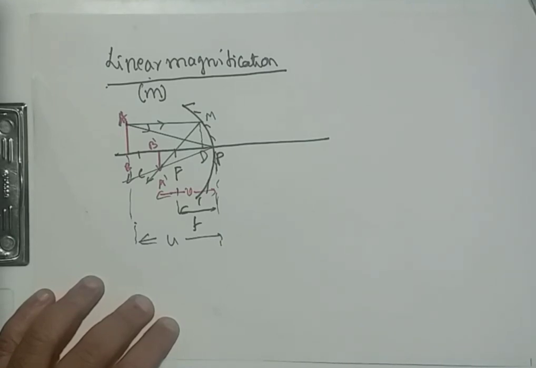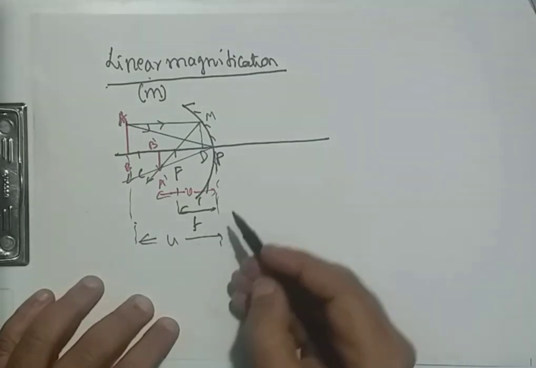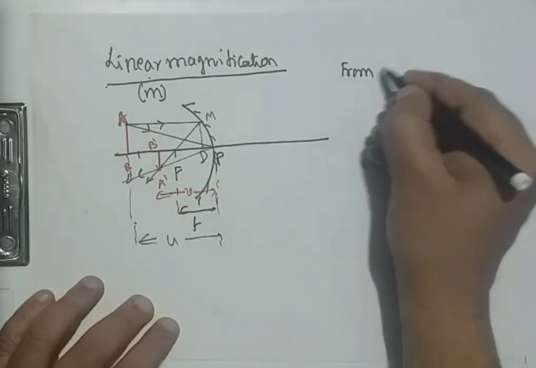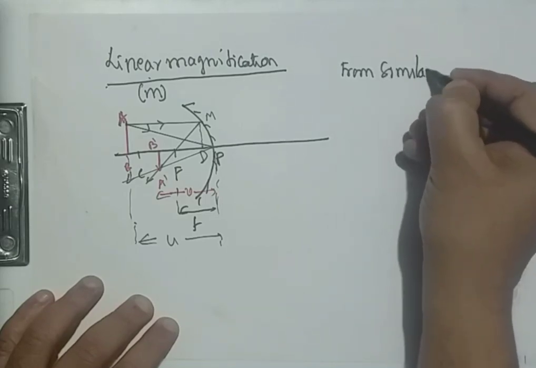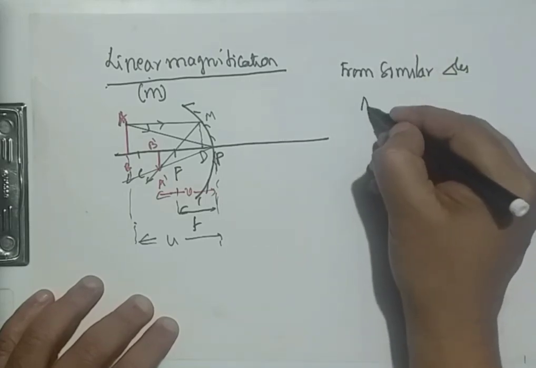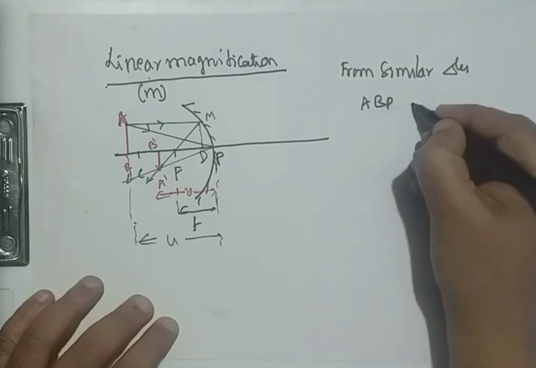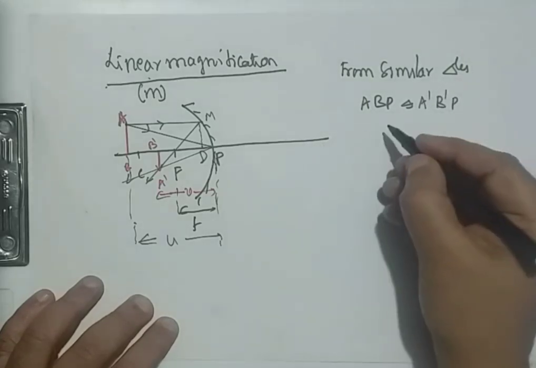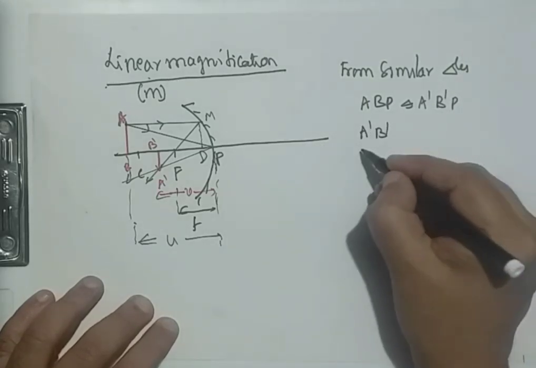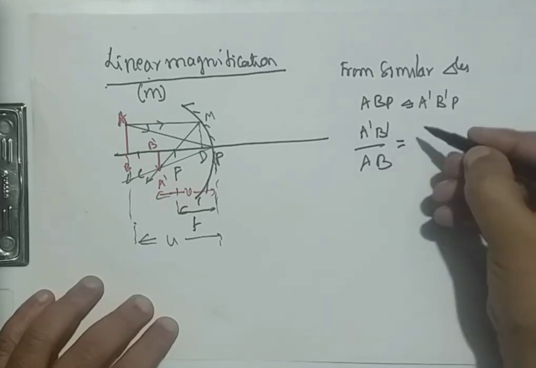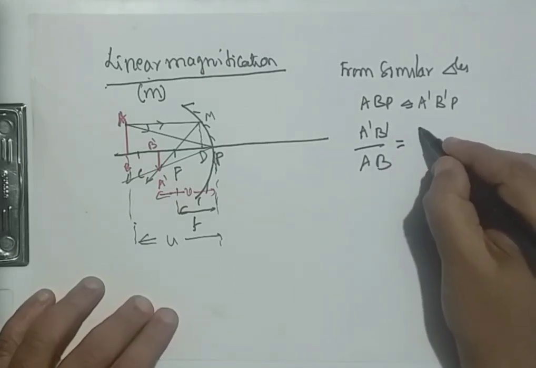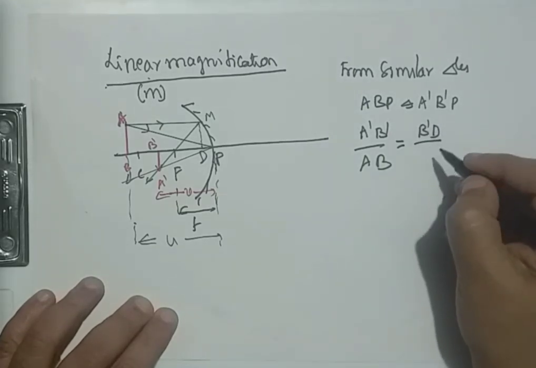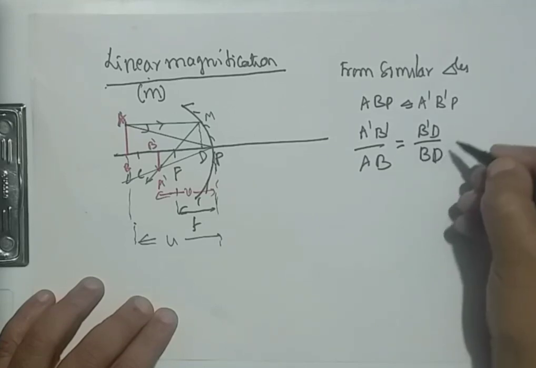Now we write down from the similar triangles, A, B, P and A dash, B dash, P. We can simply write A dash, B dash by AB, which is equal to B dash D by BD.